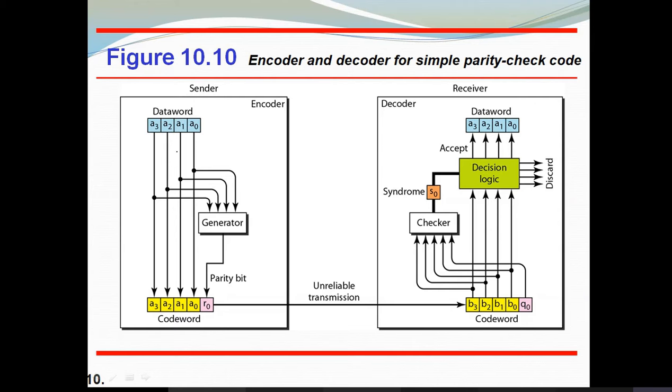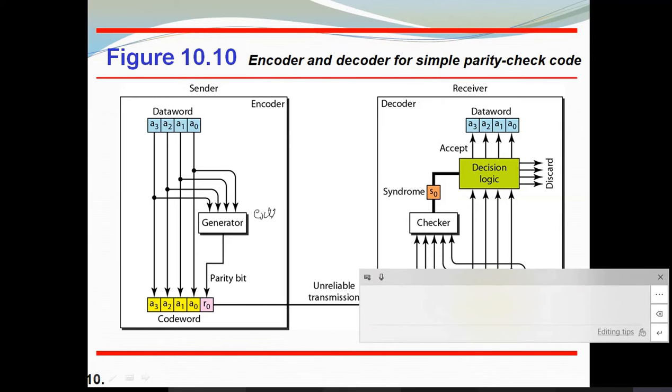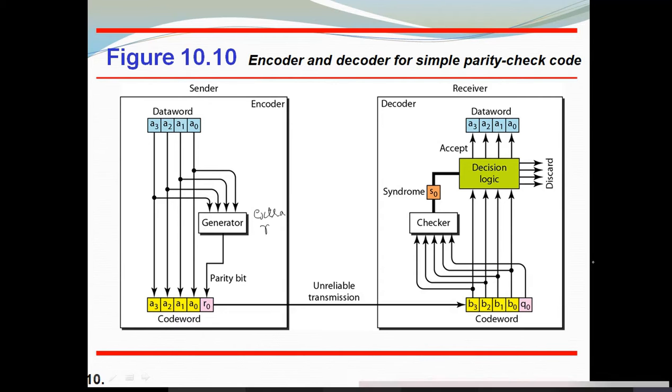Okay, 4 bits. Now these 4 bits are sent to a generator. You already know the function of the generator. It is going to calculate what extra bits are to be added, that is the value of R. It uses the logic of the parity check code and counts the number of ones.